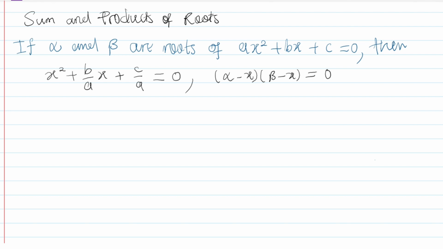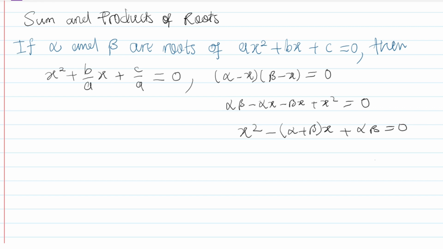Let us expand this. We have x squared minus, I will factor out x, I'll remain with alpha plus beta, x plus alpha beta is equal to 0.